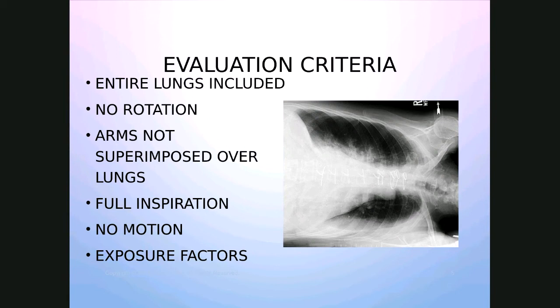Okay, so you can kind of make that outline out right there. All of this below here is fluid. Okay, and then you can see air above that. You've got air up here, fluid here. So it shows air fluid levels when we do decubitus views.